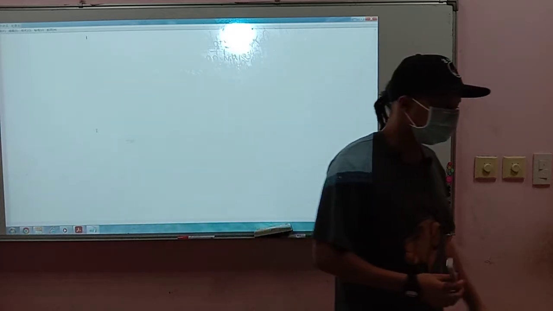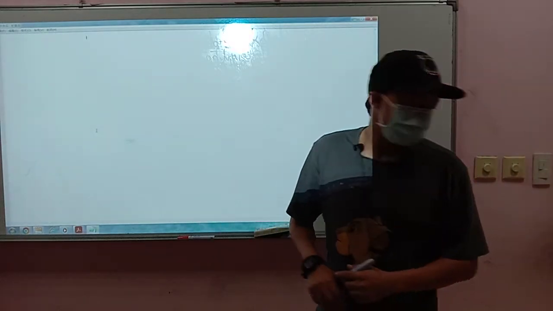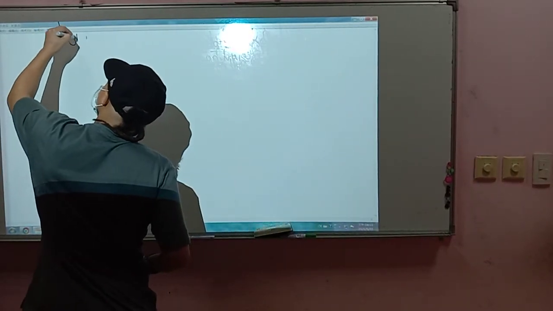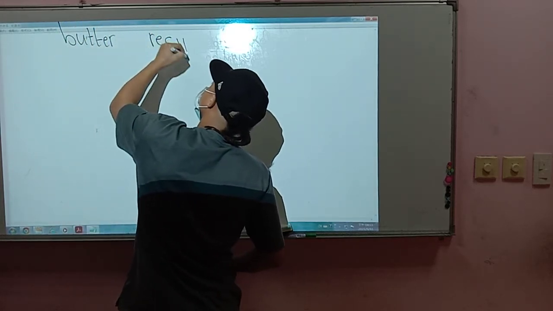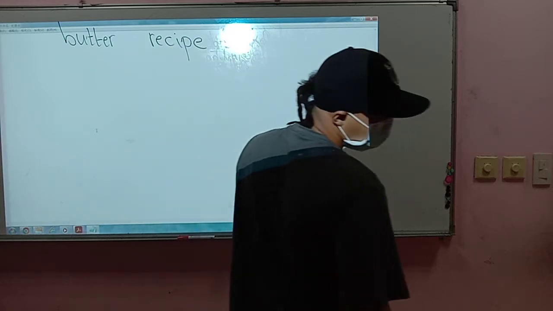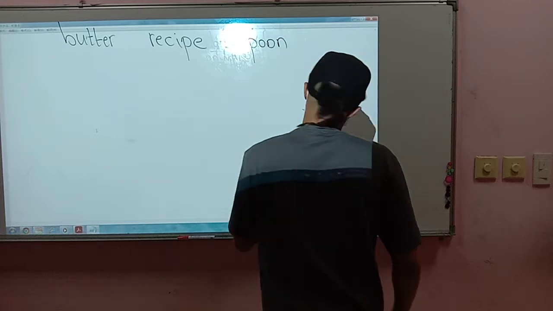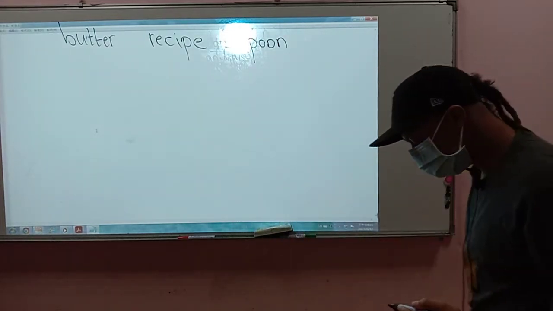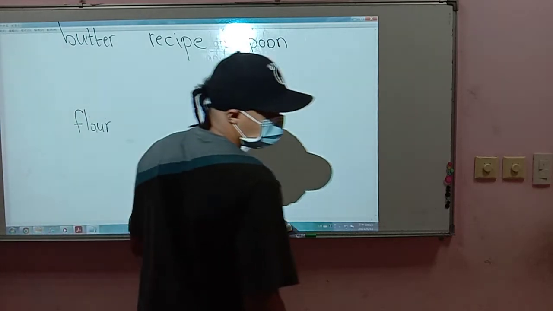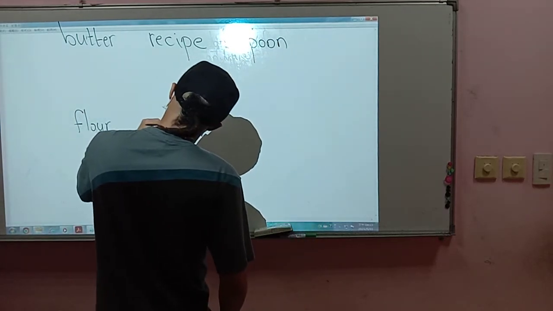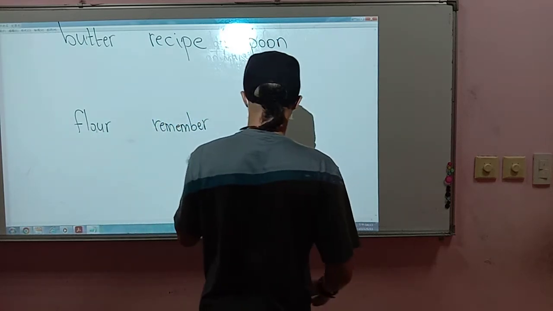Vocabulary words that we have to learn for this unit were butter, then recipe, then we also had spoon, okay, and flour, remember, and finally we had sugar.